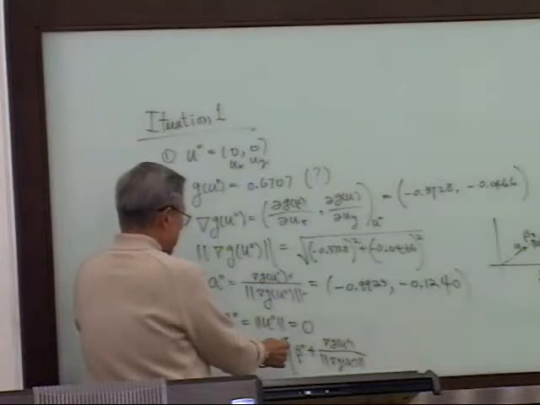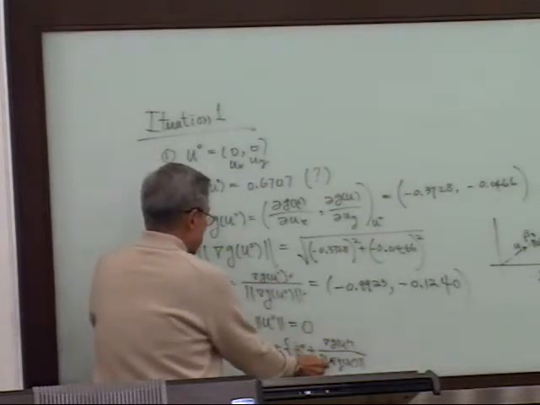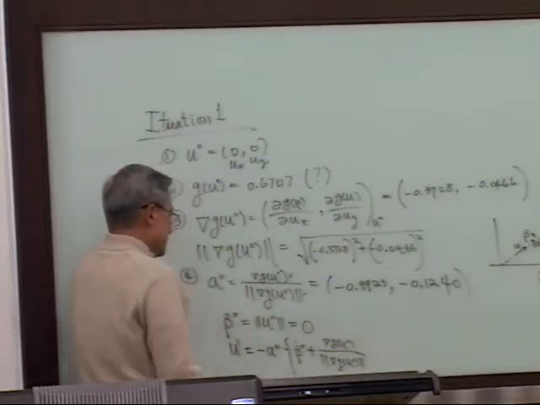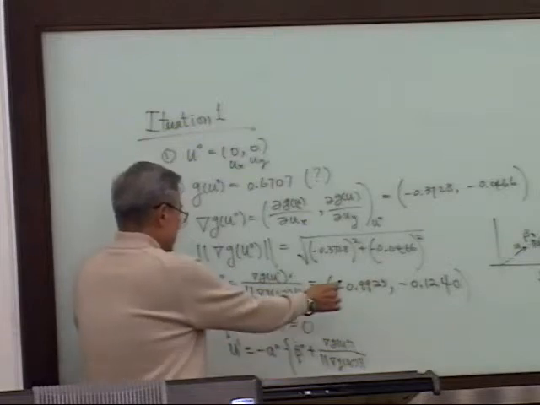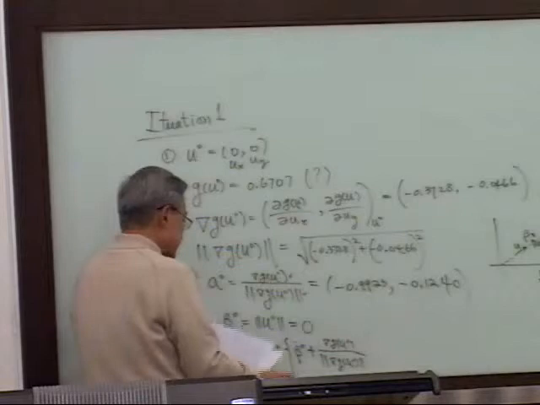All quantities are here. This is here, this is there, or the whole thing is here. A naught is here. So everything is there, right?